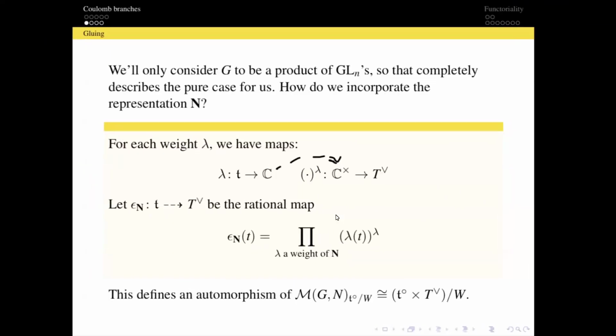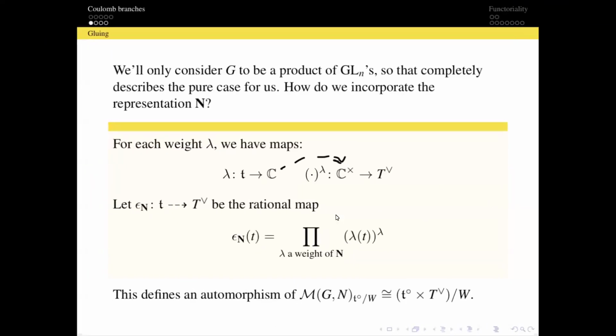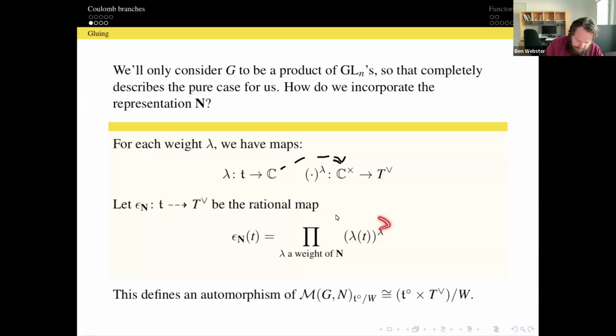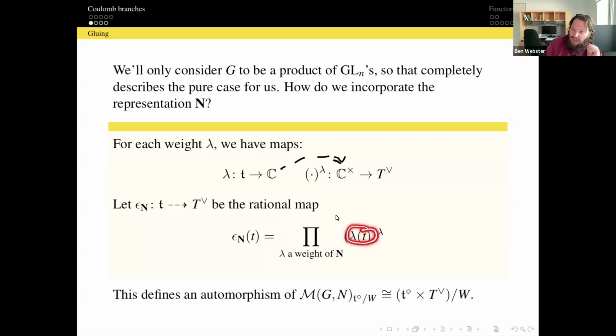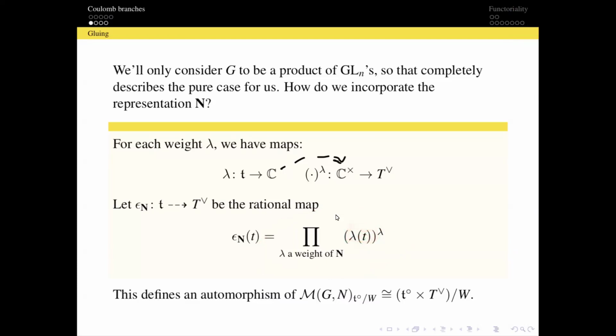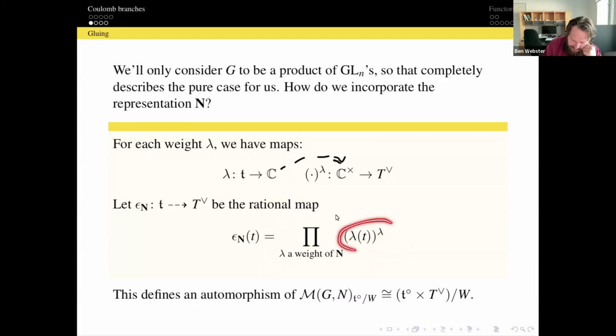Sorry, so what is the automorphism over that open locus in terms of this? So I'm taking this product, this is the product in T-check. Right. So I take an element of my Lie algebra, I apply the weight to it, I get a complex number. Then I also think of the weight as a co-character into T-check, and I apply that co-character to it to get an element of T-check.